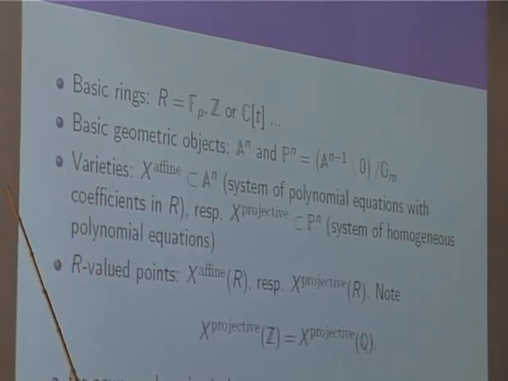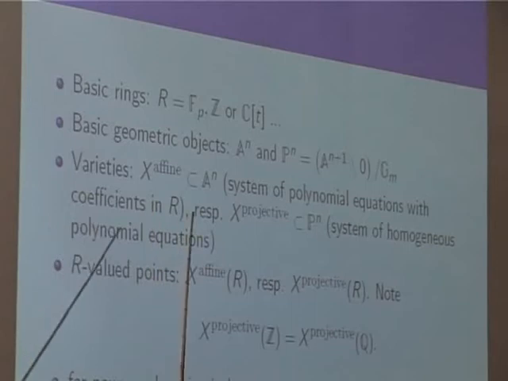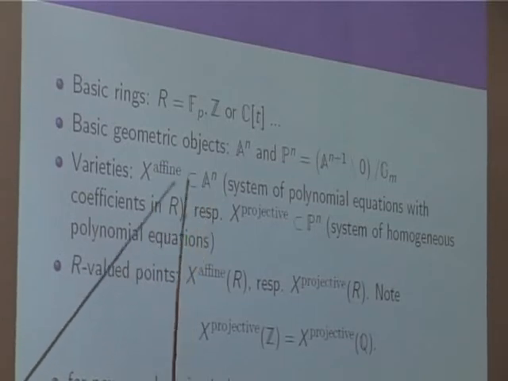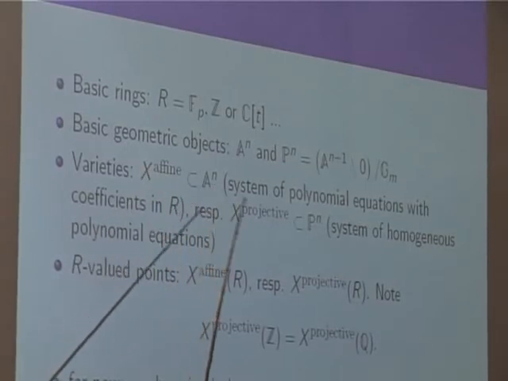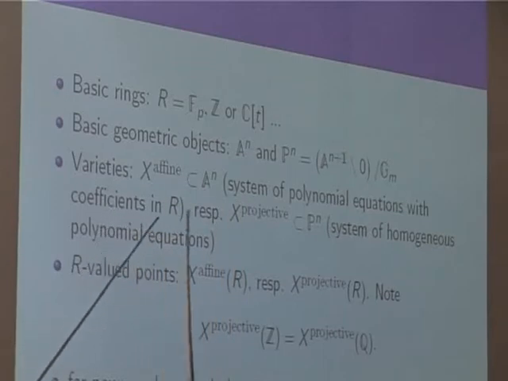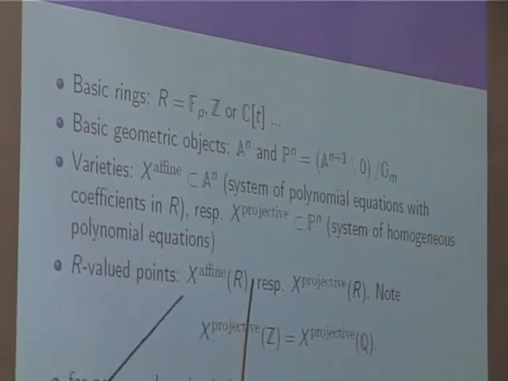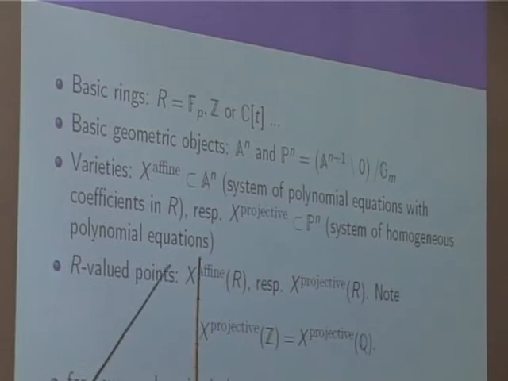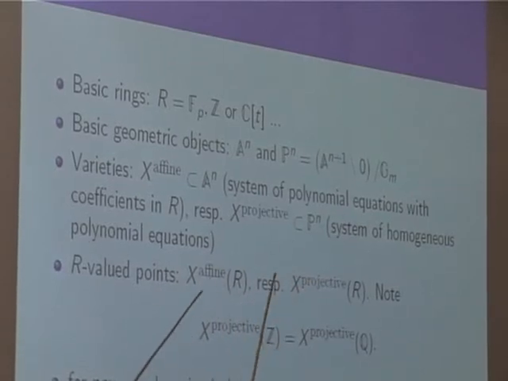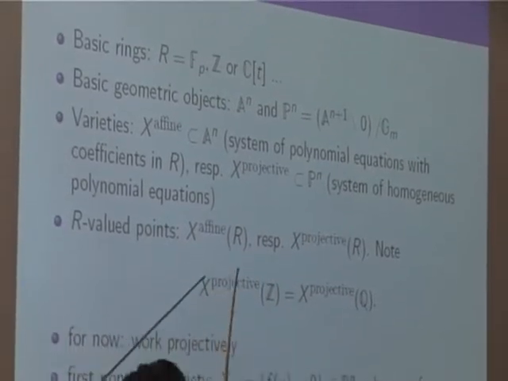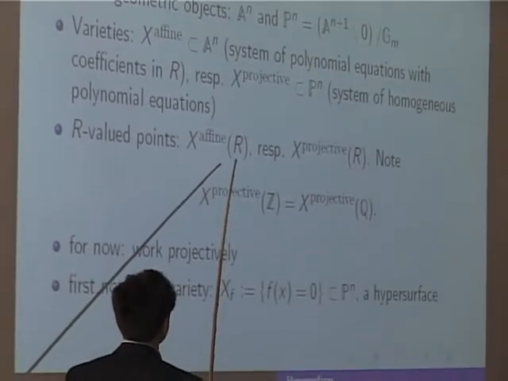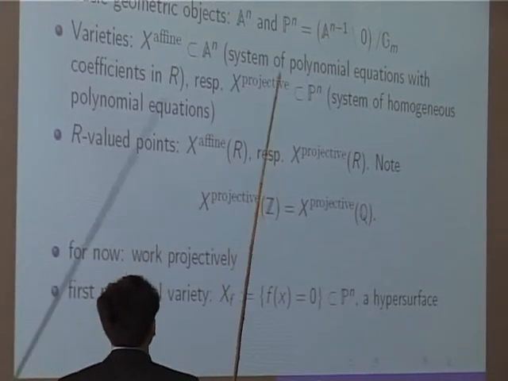Then we have varieties. We could look at non-homogeneous equations, just polynomial equations with coefficients in our ring, or homogeneous polynomial equations, and then look at points, solutions with values in our ring.